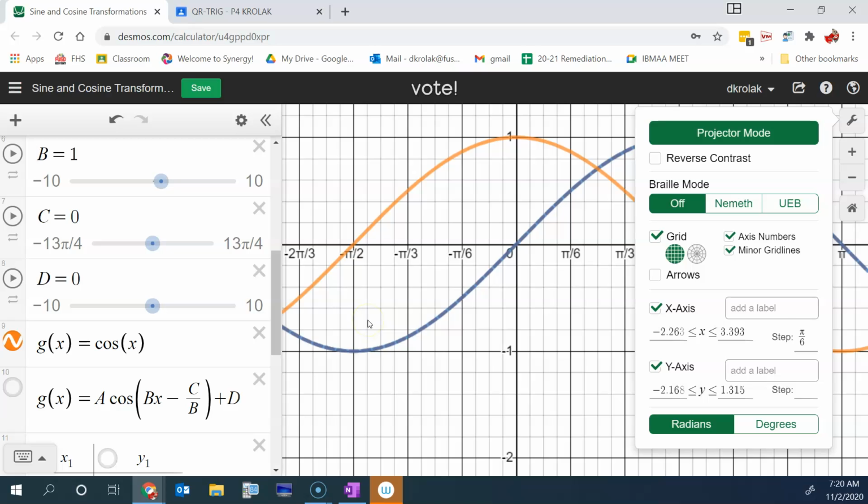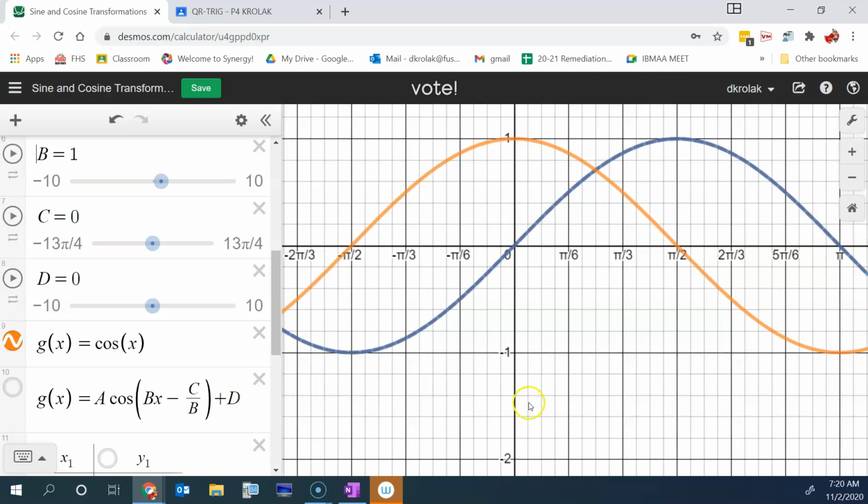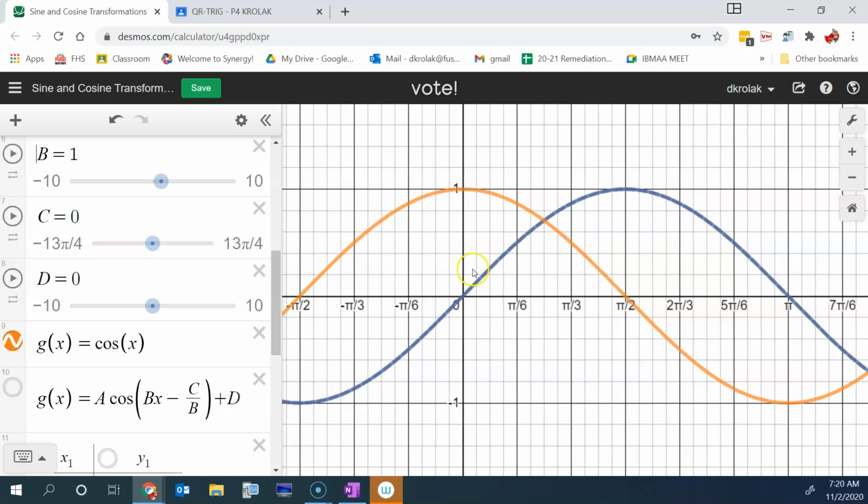All right, now a cosine graph can be created using a sine graph and one transformation. So your sine graph is in blue and your cosine graph is in red.